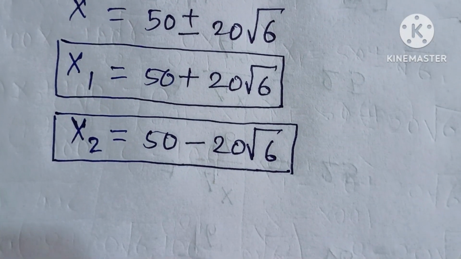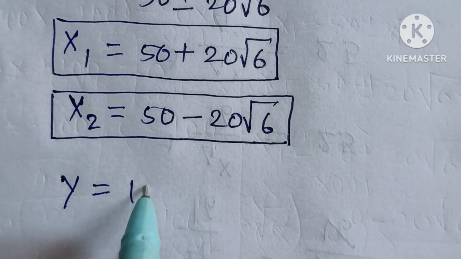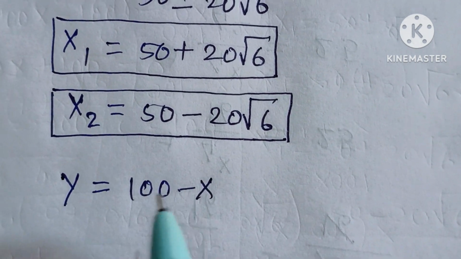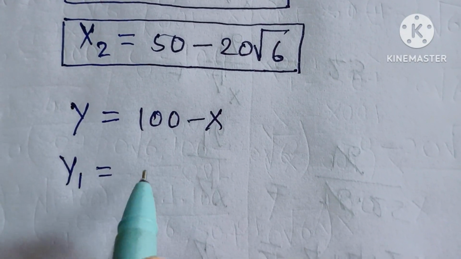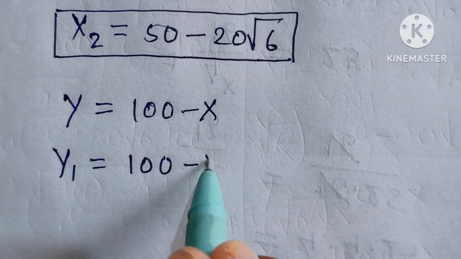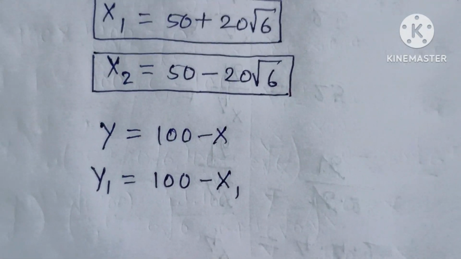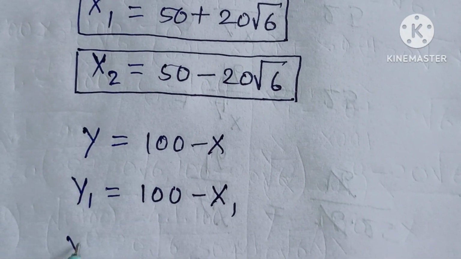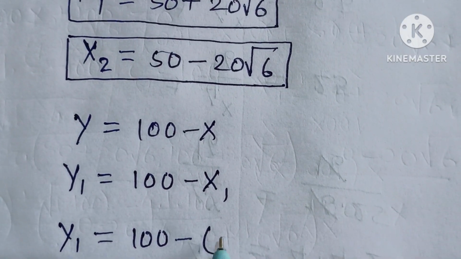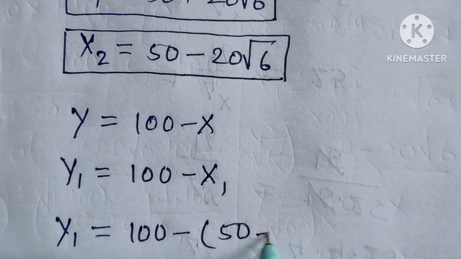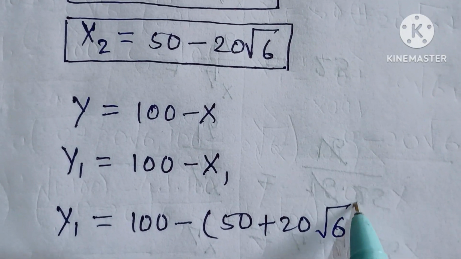Now we know that y is equal to 100 minus x. So we can write here y1 equal to 100 minus x1. So we will put here value of x1. y1 equal to 100 minus (50 plus 20 under root 6).